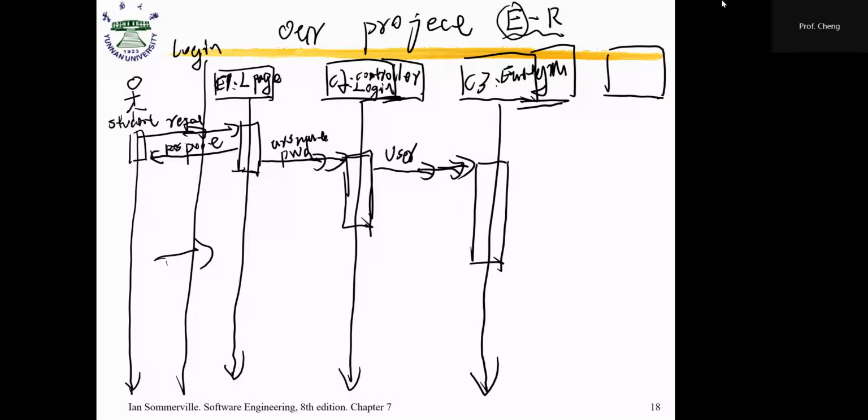Which component? Component 3 or 4? What is this? Database. You are right. Because this entity is actually language dependent, right? Like a Java entity. If you program in C#, then it is a C# entity. So it depends on the language you use.